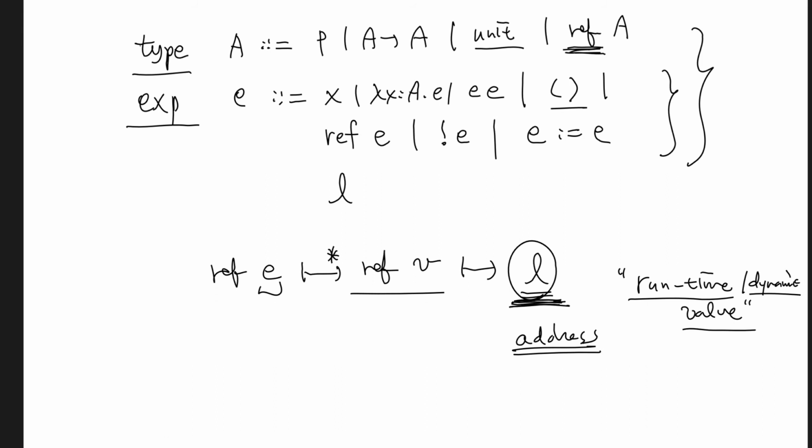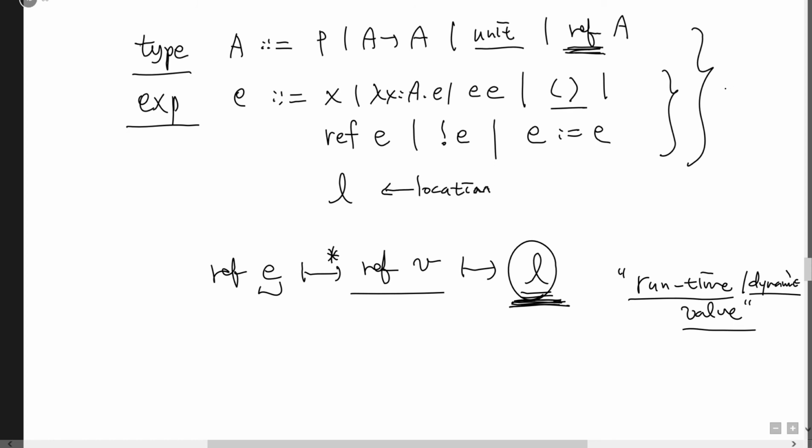So therefore, it's not available at compile time. That's the thing that you want to keep in mind. This is called the location. And it is not part of your source code. It will be generated only at runtime.